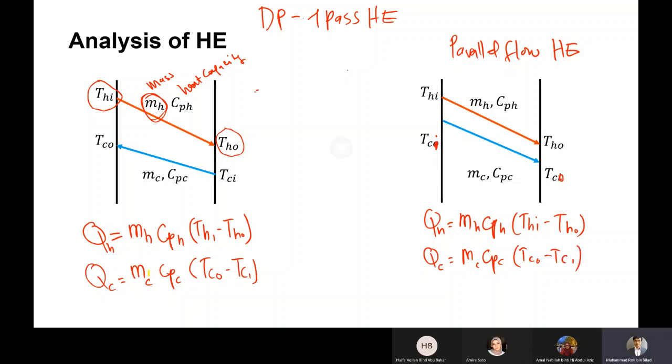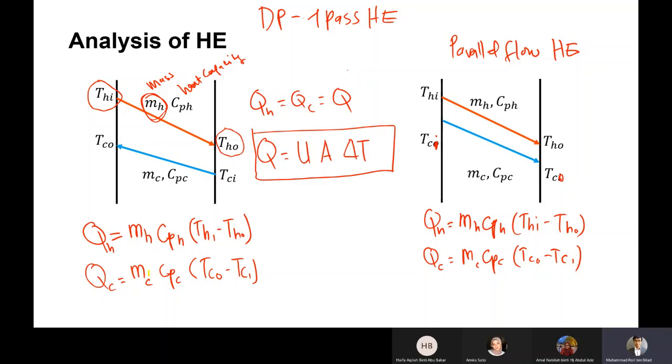So Q hot equal to Q cold equal to Q. And then Q equal to U A delta T. So this is the analysis of heat exchanger.